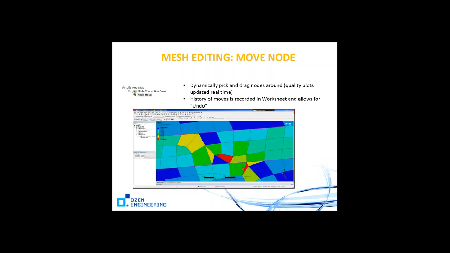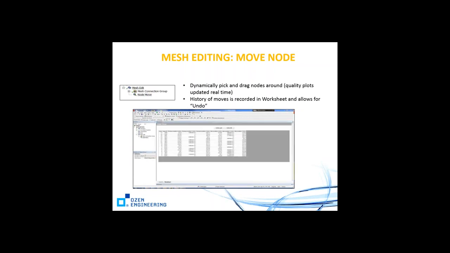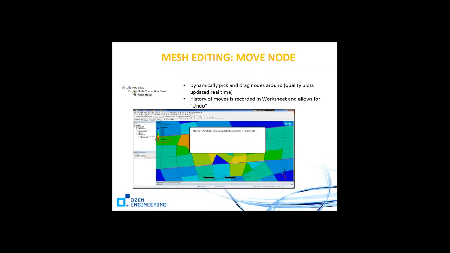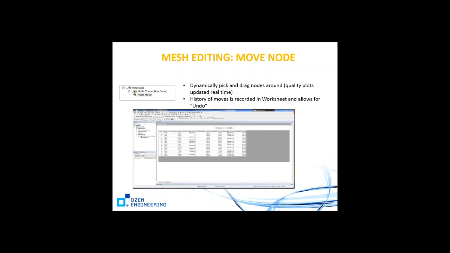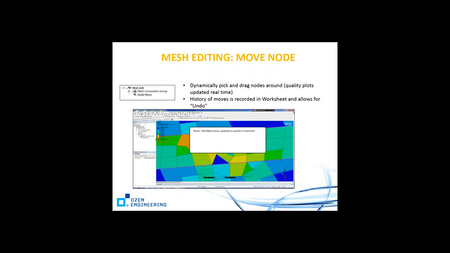So this is good visual feedback, so you can right away tell where you have bad elements. And you can see there's an animation here in ANSYS Workbench. Now, if you really want to, you can actually pick a node and move it. Why would you want to do this? Because if you have a bad element, you can right away click on that node and move it, and make it a good element just by moving it.